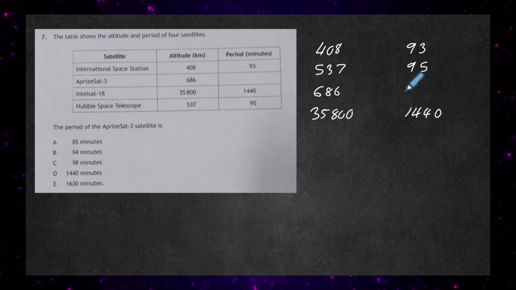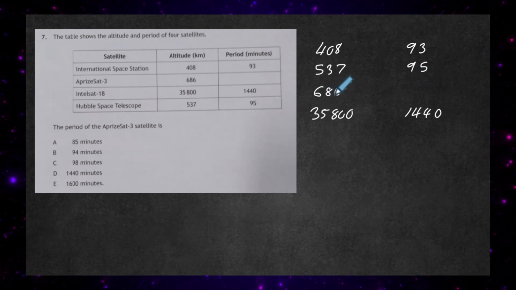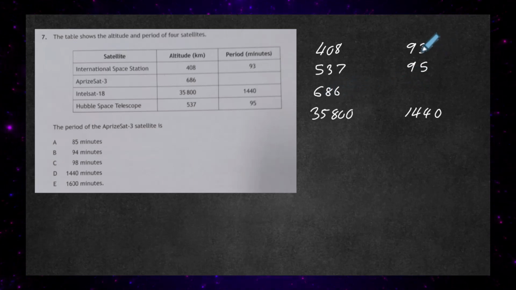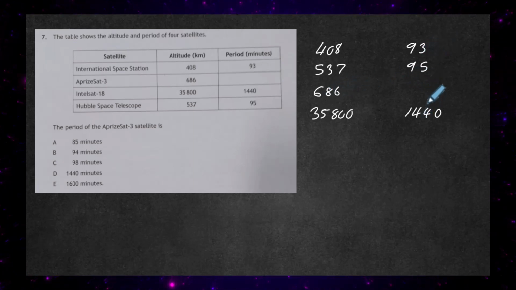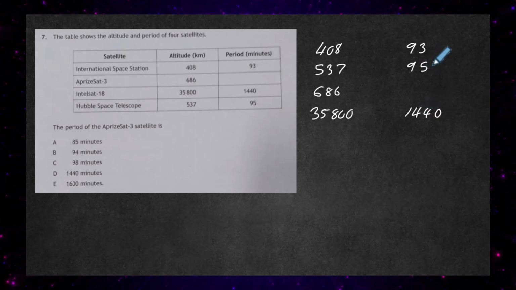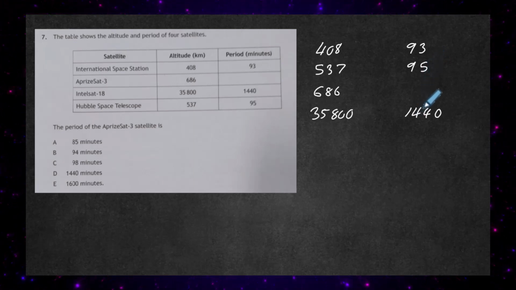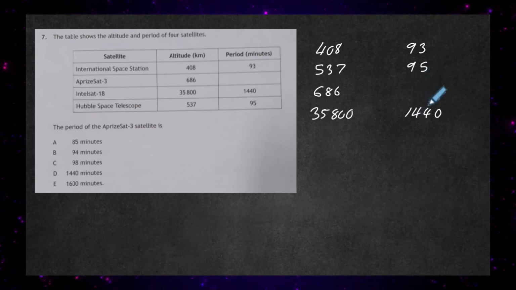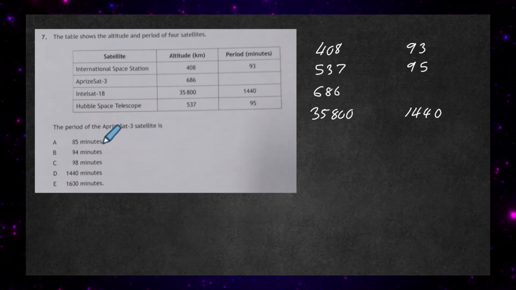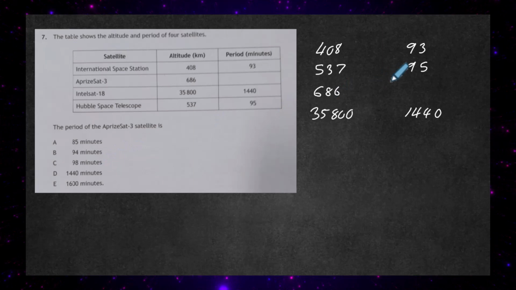Now you can see that the Apries Sat-3 is at 686 kilometres, so it's not going to have a period greater than 1440 minutes. It's going to have a period greater than 95 minutes. We're looking for something bigger than 95 minutes, but smaller than 1440 minutes. So we go down here, it's not 85 minutes, it can't be 94 minutes, and 98 minutes looks correct here, so I put in 98.